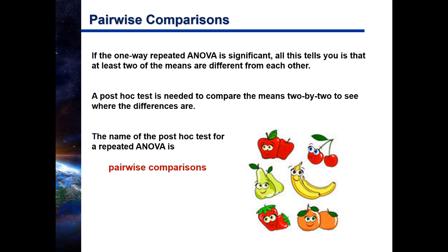Now, this is just a point of clarification. I sometimes hear students say, this mean is significant. A mean is never significant. It's the difference between two means that is significant. You might think that that's saying the same thing, but it's really not.